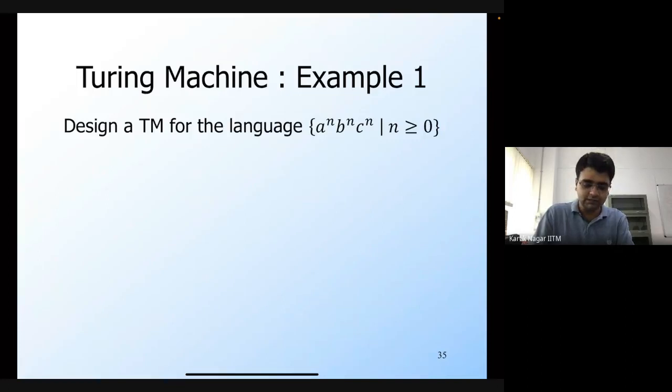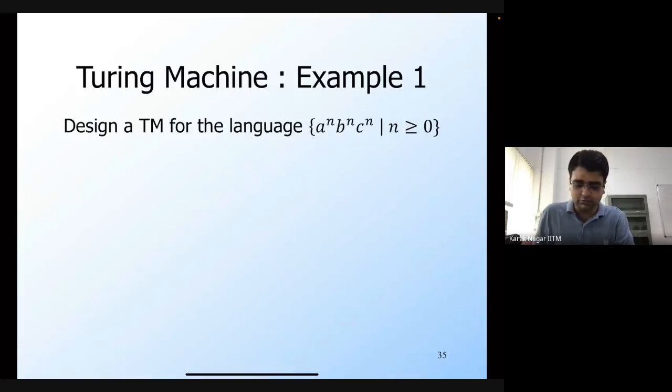We have not seen any machine for this language, because this is not a CFL. You can prove using the pumping lemma that this language is not a context-free language. Which means that it's also not a regular language, and therefore no finite automaton or pushdown automaton can recognize this language. But we can define a Turing machine to recognize this language.